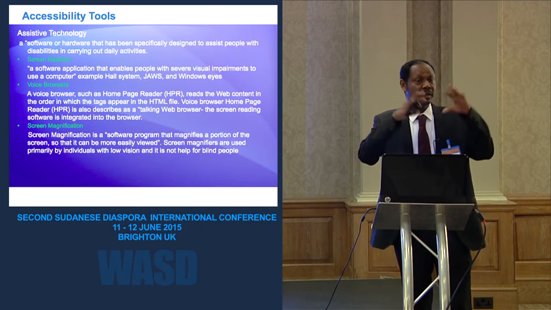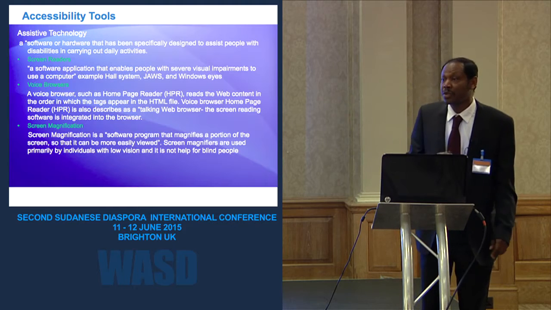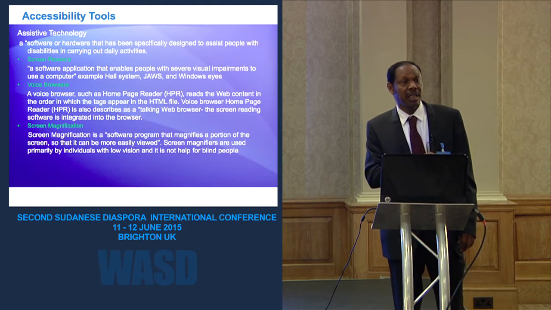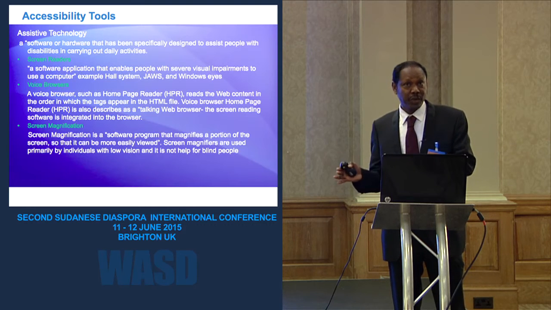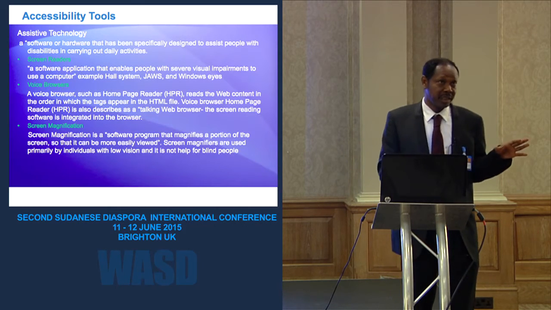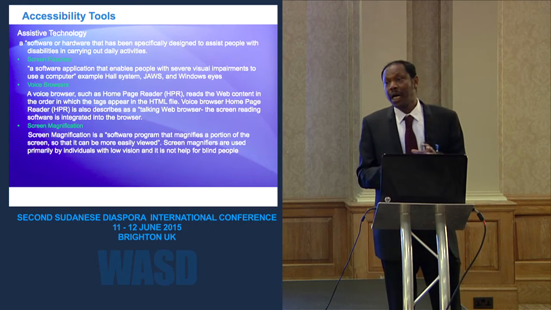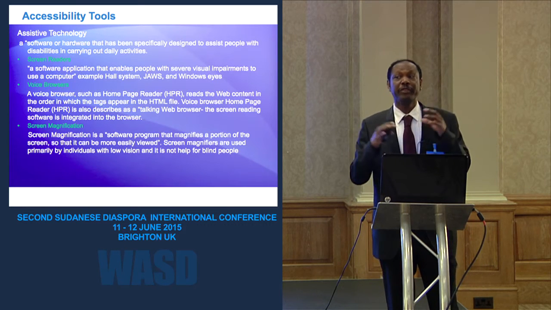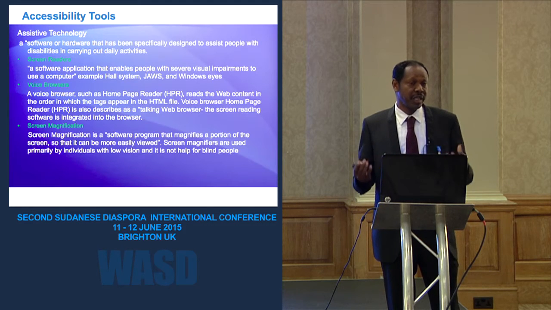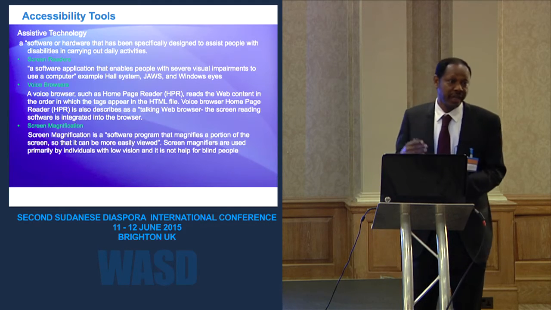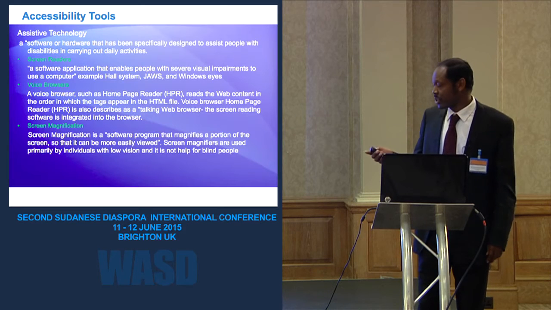So we can zoom the text in order to see it for partially impaired and elderly people. Visually impaired, partially impaired, and elderly people share the same challenge when they view or access a website.